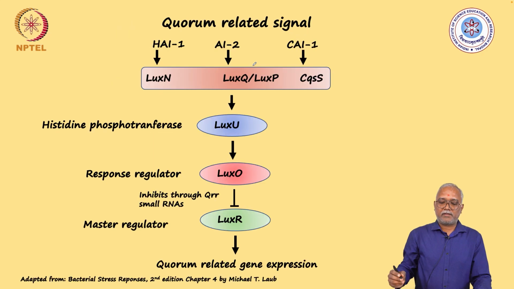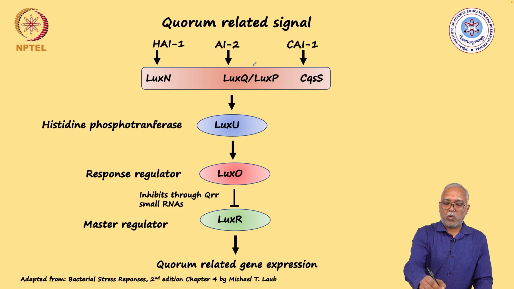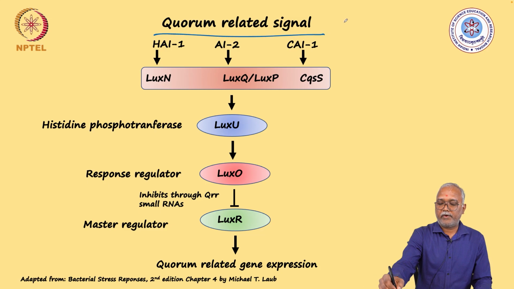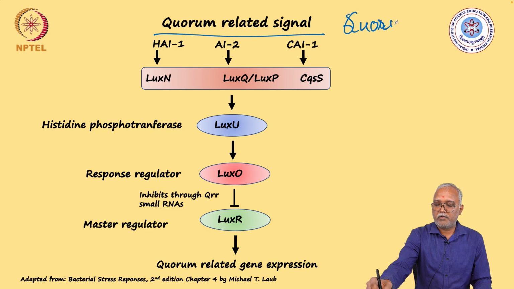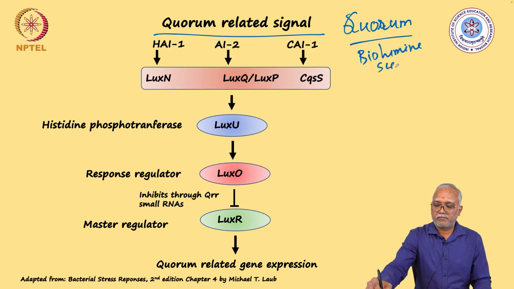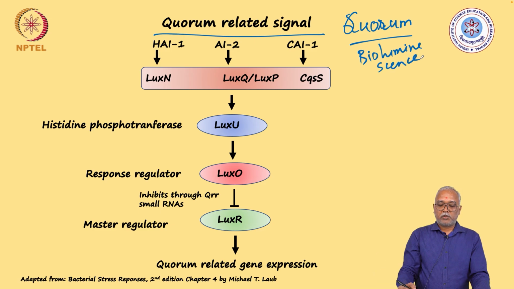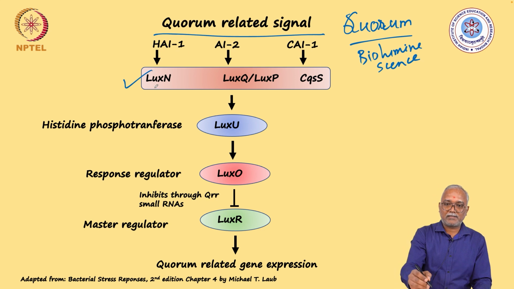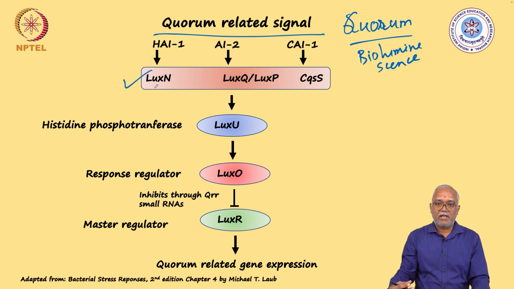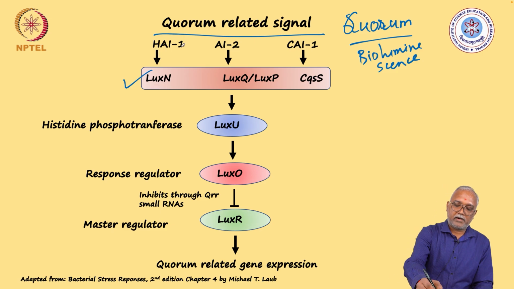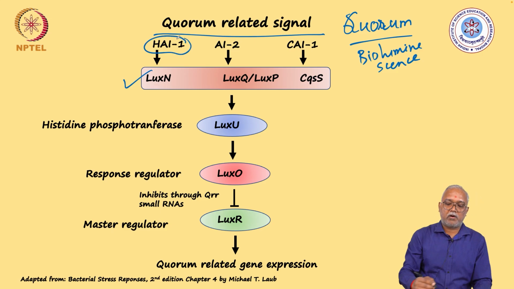Now what happens in the case of bioluminescence, there are quorum related signals, if we can use the terms interchangeably, quorum sensing and bioluminescence. There are receptors which are named lux, basically to measure the light. There are signal molecules which are called autoinducers.